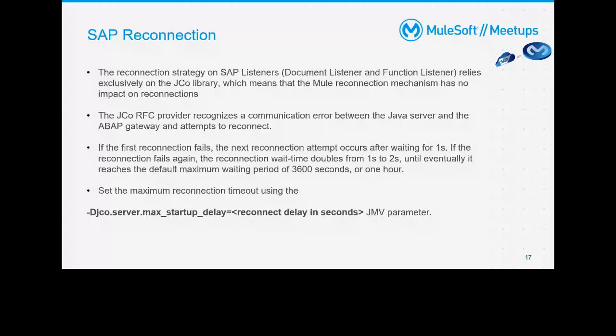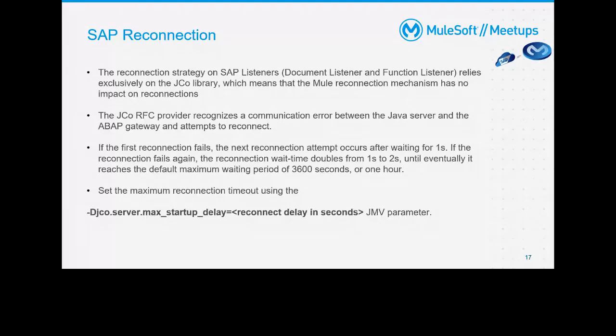The reconnection works in such a way that the first time it waits for 1 second and tries to reconnect, then it waits for 2 seconds. Likewise, it doubles the wait time till it reaches 1 hour. No extra configuration is required from your side to make this reconnection. It is already done by the JCo library. We have completed the minimum SAP connector configuration required for the SAP integration to work.